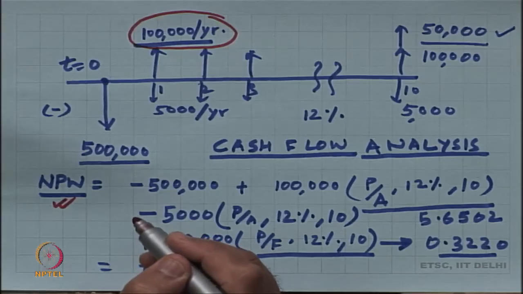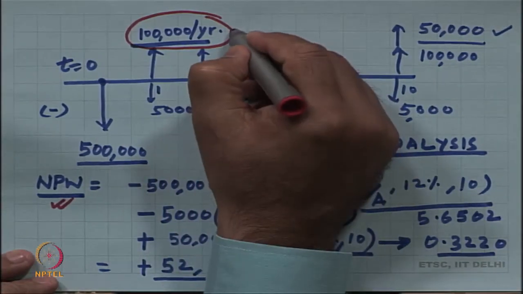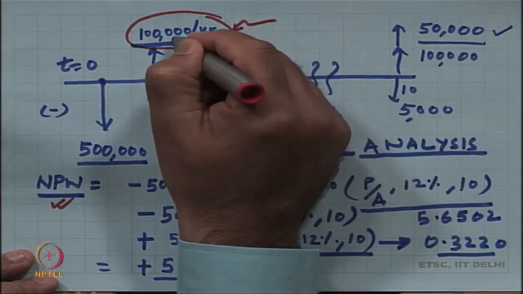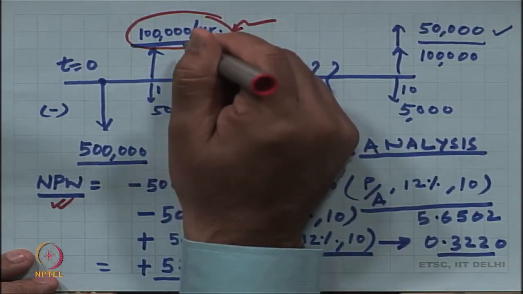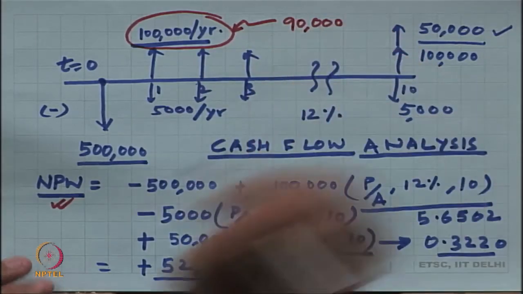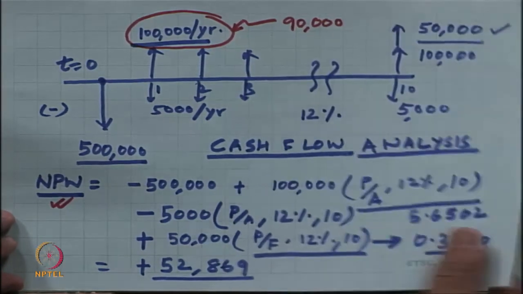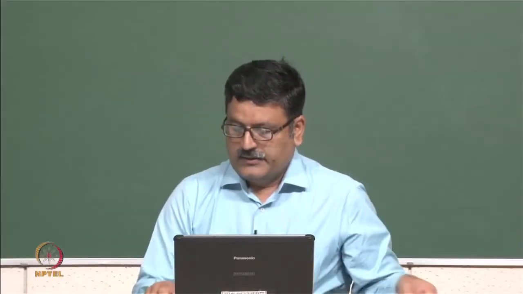What I am thinking of doing now is I want to find what will happen to my decision if, let us say, instead of this 100,000 per year assumed value of income, it becomes 90,000. Will my decision still hold good or will my decision change? Let us try this. So, what do I do? I make these changes here.